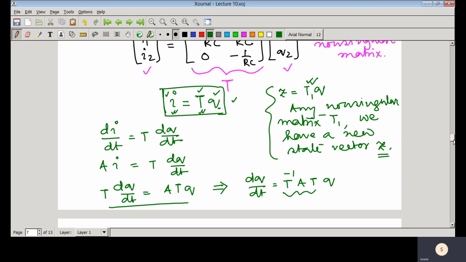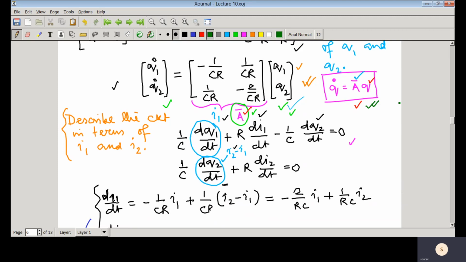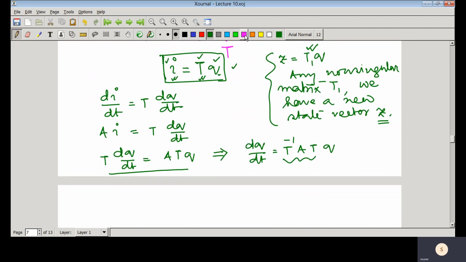So now if you compare this dynamical equation with this dynamical equation, Q dot equal to A bar Q, you can see that this matrix is A bar. So that means you have the relationship A bar equal to T inverse AT.